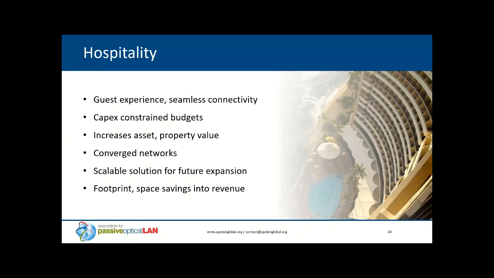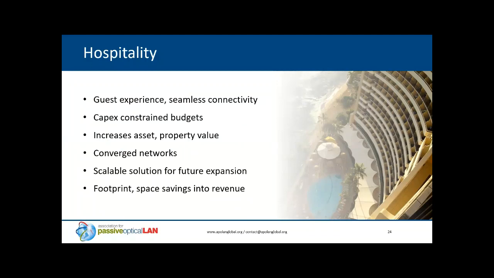When you look at hotels of 200, 300, 400 rooms, where they were typically installing 4, maybe 5 pieces of copper to each of these hotel suites back to an IT closet, where they would have their switches and their cooling units.